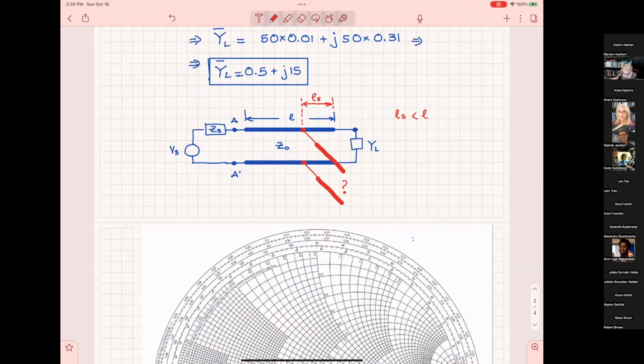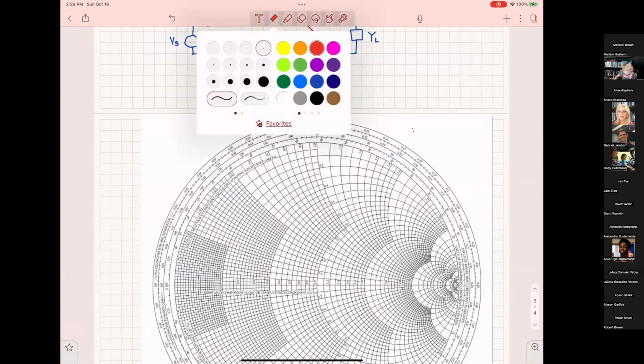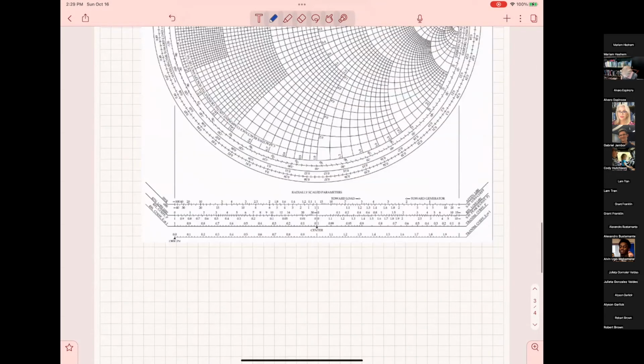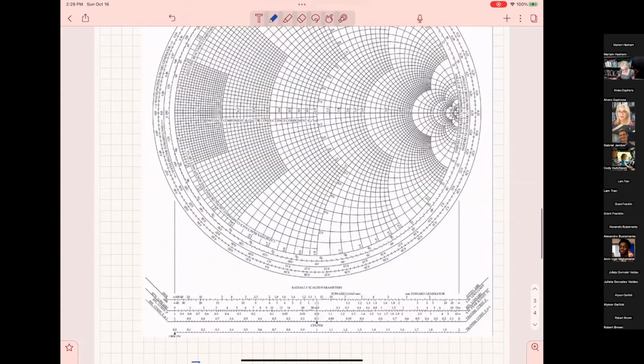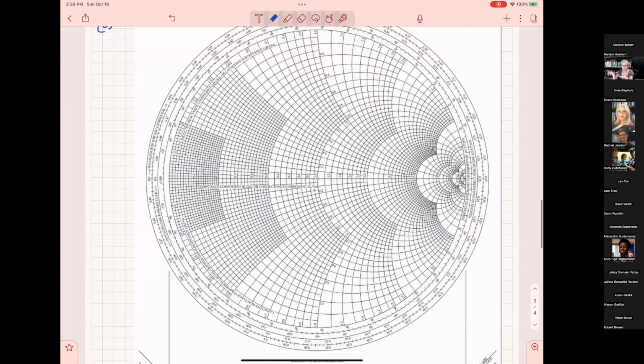So what we have to do as part C here, so we'll have to place Y sub L on the Smith chart. All right. So now let's try to do this. What is the real part? Remember, you can use the Smith chart only for impedances or only for admittances. All right.